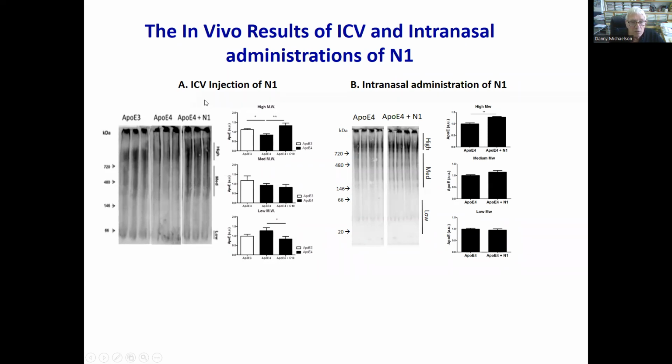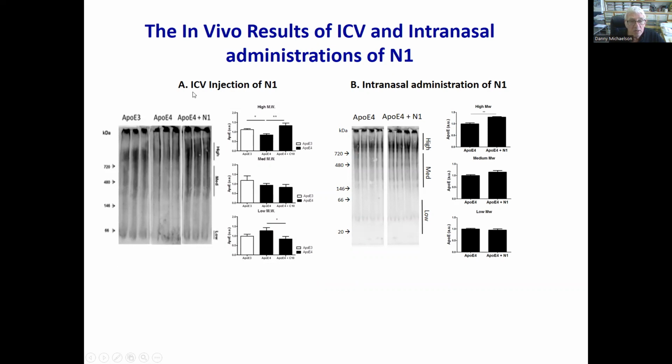And as you can see, when you inject N1 ICV directly into the brain, before you inject it, the level of lipidated ApoE4 is less than E3, but after you inject it, this level comes back up to almost similar to E3, mainly in the high molecular weight species. So when you introduce the compound directly to the brain, it does what it's supposed to do.